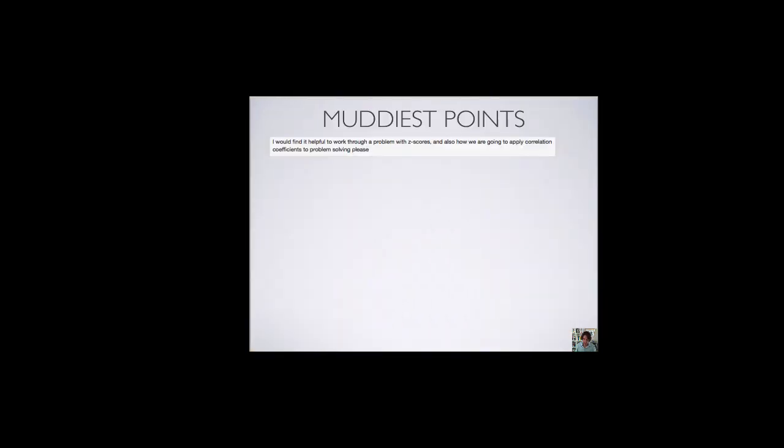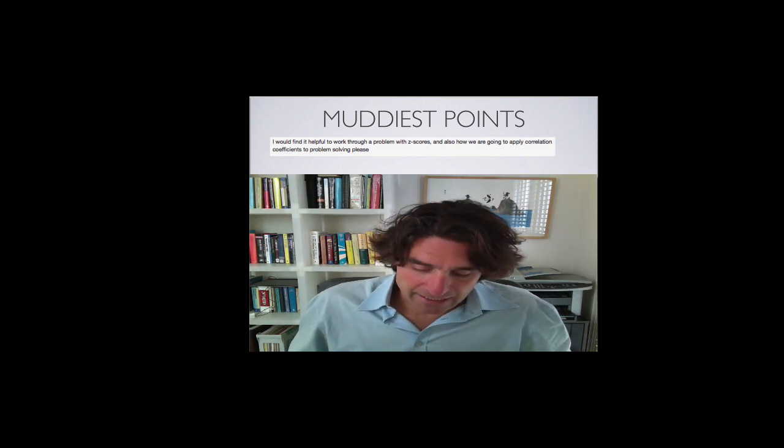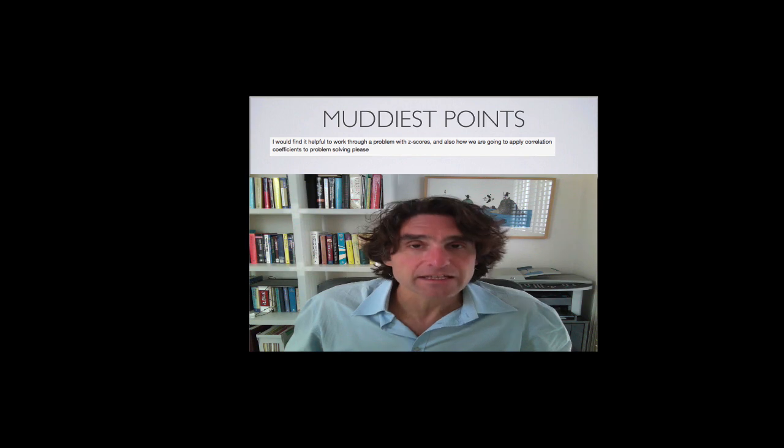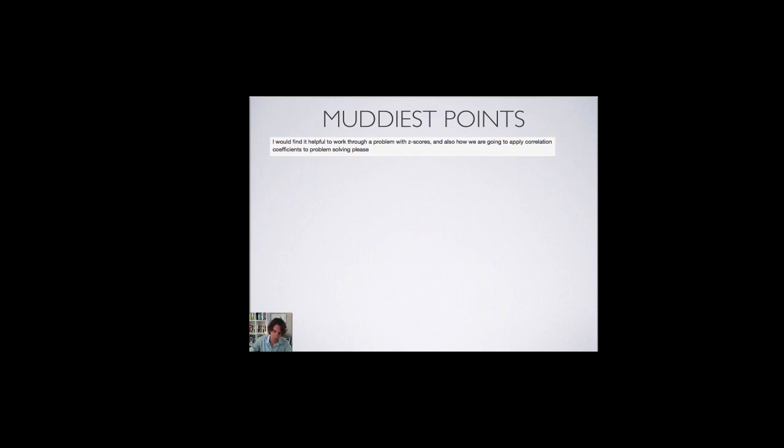Okay, and then another point that was brought up in one of the Monday's points is that it would be helpful to work through an example looking at z-scores. So let's work through one. Suppose that we wanted to compare the results of two different scores on two tests.